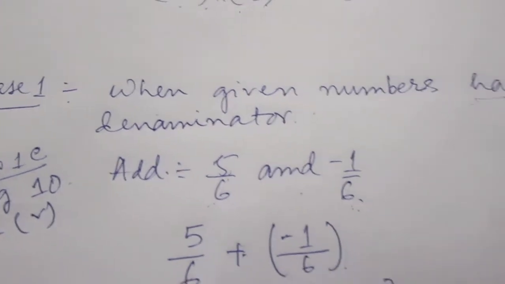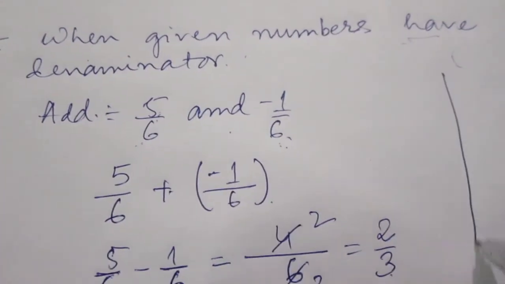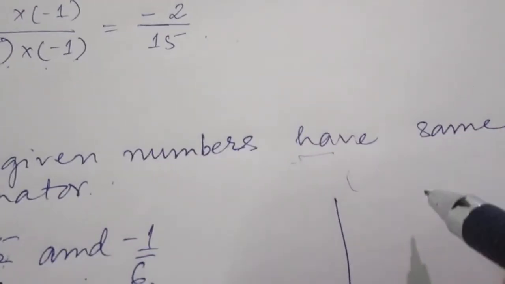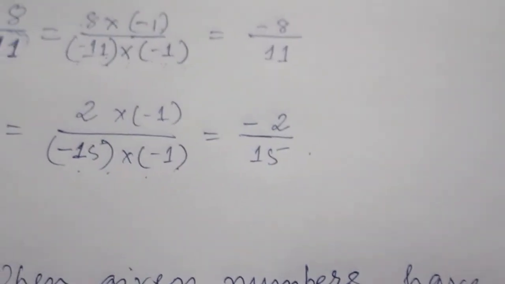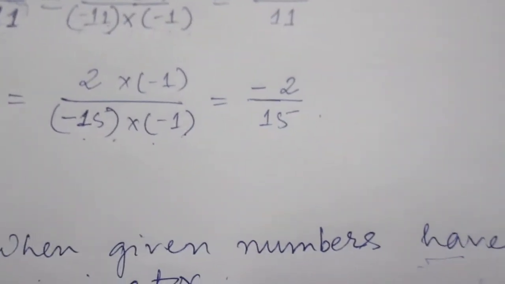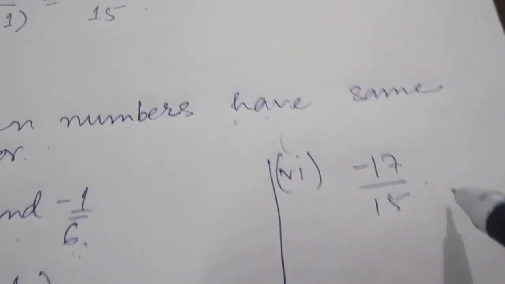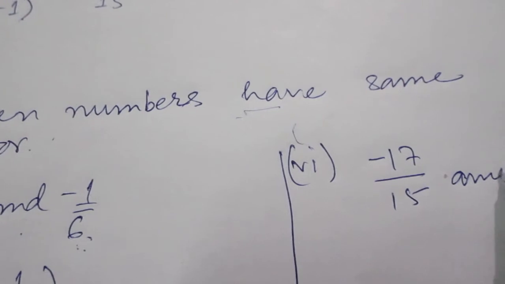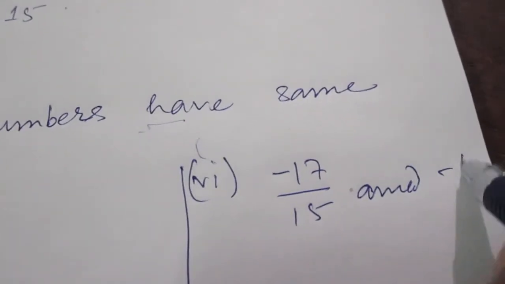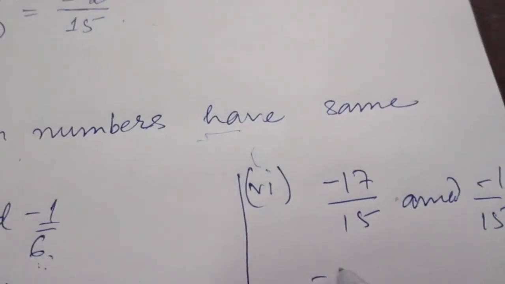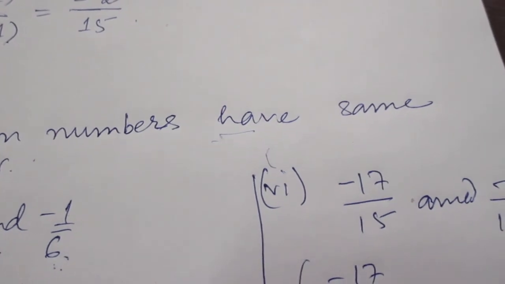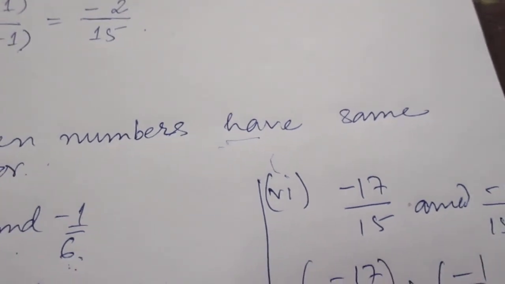We can try another example. Suppose it is given as add minus 17 by 15 and minus 1 by 15, number 6. How can we add it? Minus 17 by 15 plus minus 1 by 15.